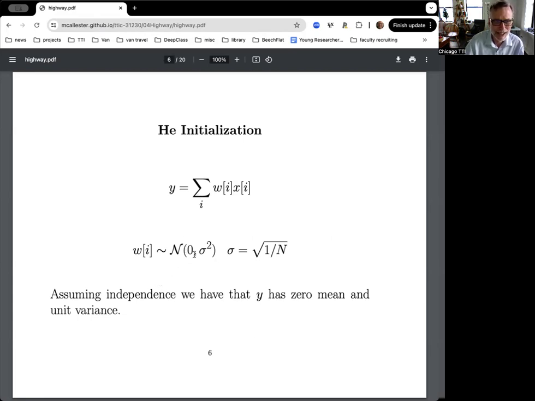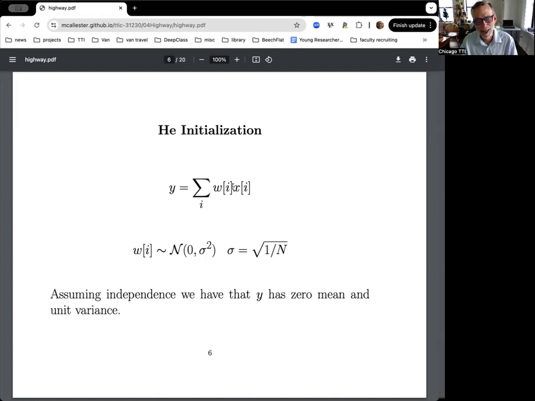Assuming independence, what we're going to try to do is maintain an invariant across layers of the network. As we go across layers, we want all of our values, and now we're going to think of them as random values, to be random values with mean 0 and standard deviation 1.